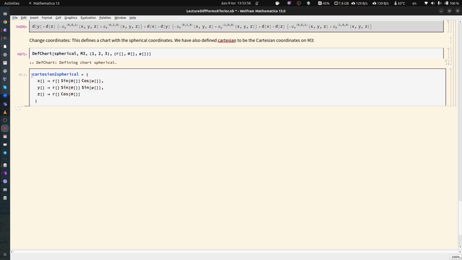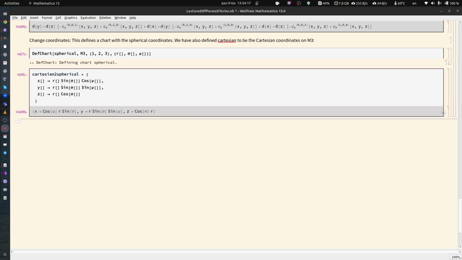We define a rule, we call it Cartesian to spherical, and it transforms the functions x, y, and z to r, theta, and phi. And we use the well-known relations that relate Cartesian and spherical coordinates. So this is a list of rules that will be applied to any expression that we write.